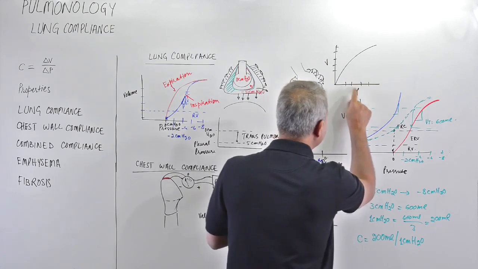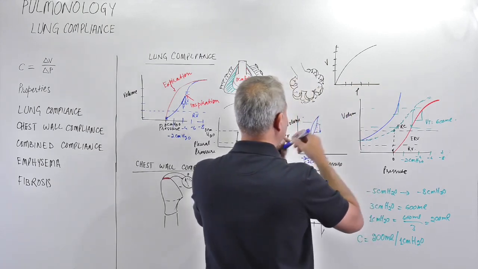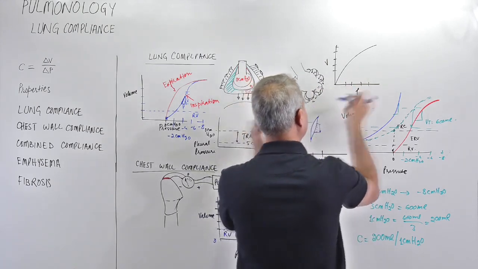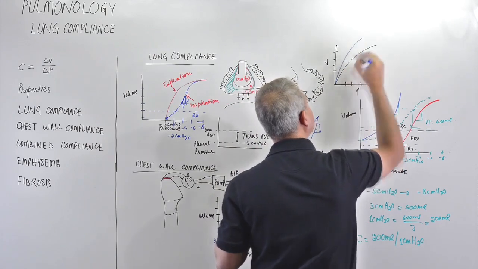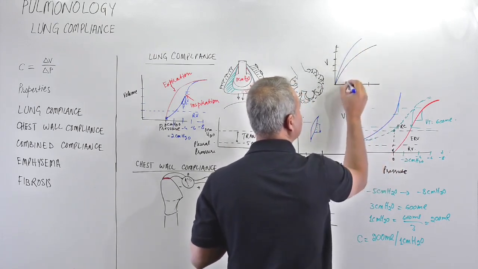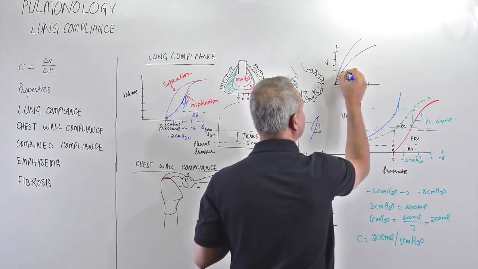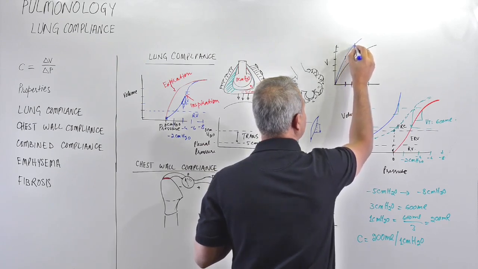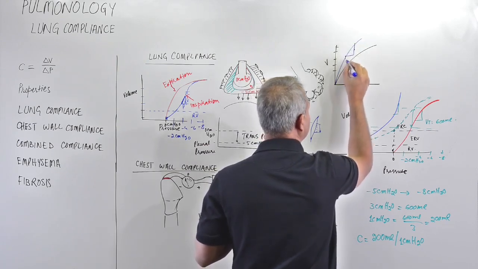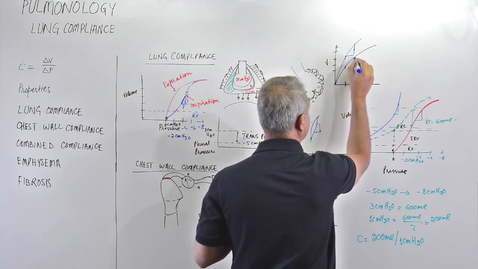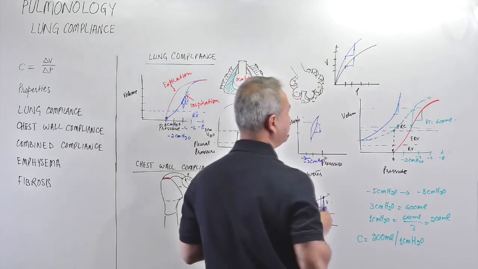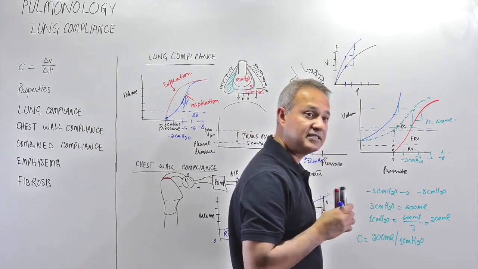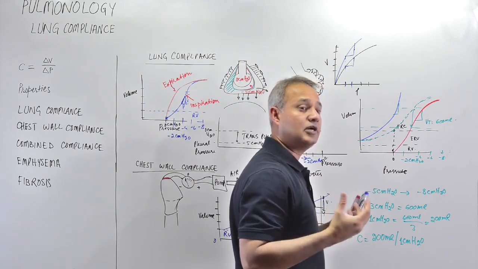So you change the pressure a little bit, the alveoli are damaged, they would easily open up. So the volume change for a small pressure change will now be from here to here. So this is a lot of volume change compared to the normal state from here to here, which is less volume change. So that is the outcome of emphysema.